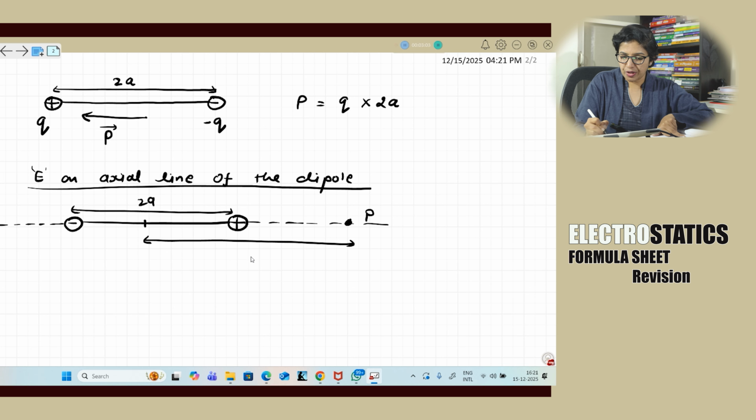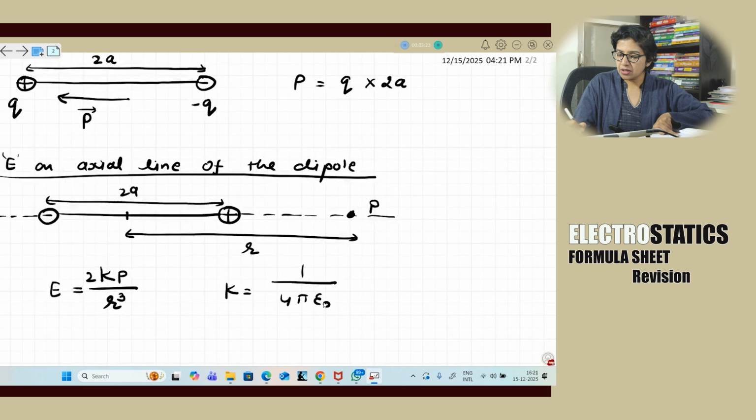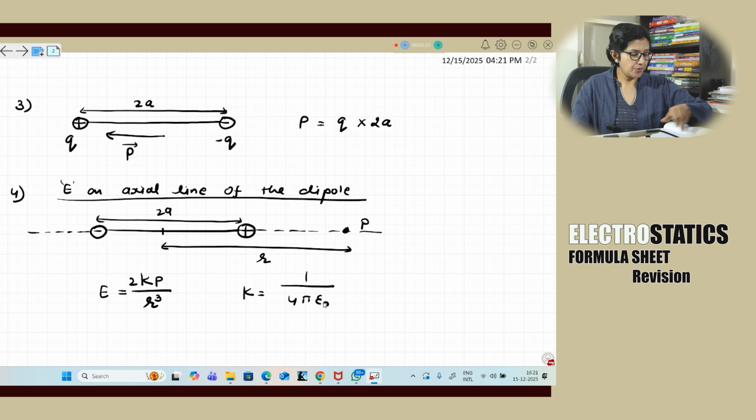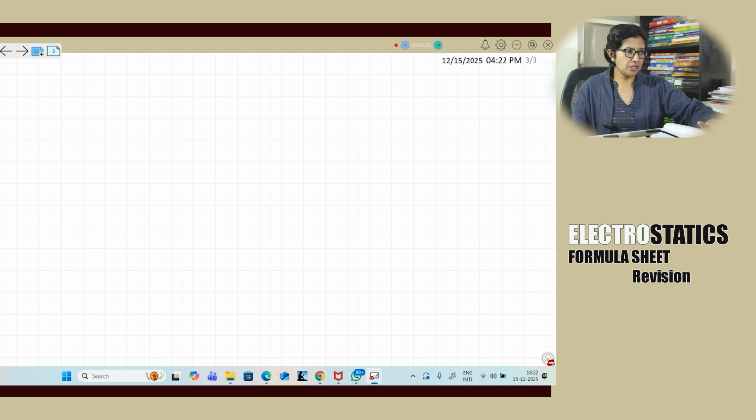This is 2a, and the distance from the center to the point P is taken as r. When we derive the formula, which I have given in the derivation booklet, it is equal to 2kp by r cube. K here is Coulomb's constant, I forgot to mention that. It is 1 by 4 pi epsilon naught. Epsilon naught is the permittivity of free space.